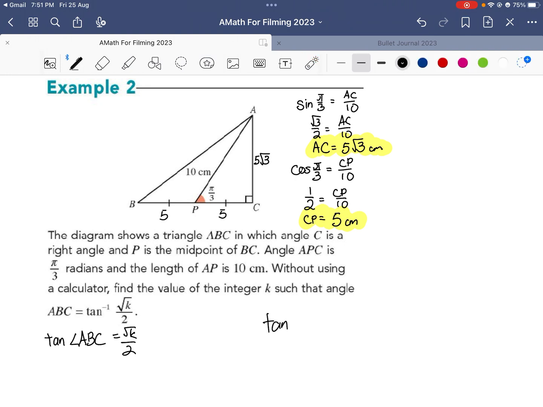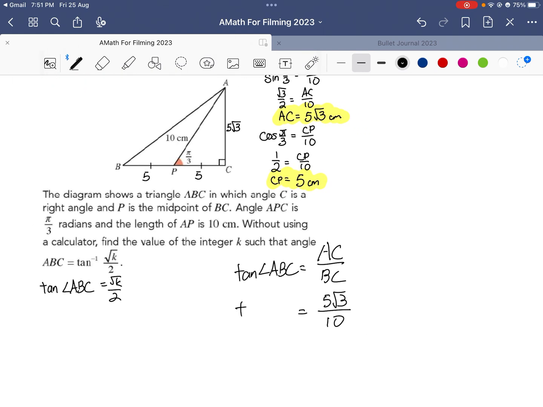So tangent of angle ABC is opposite, AC, over BC. AC is 5 root 3 and BC is 10. So tangent of angle ABC is equal to root 3 over 2.